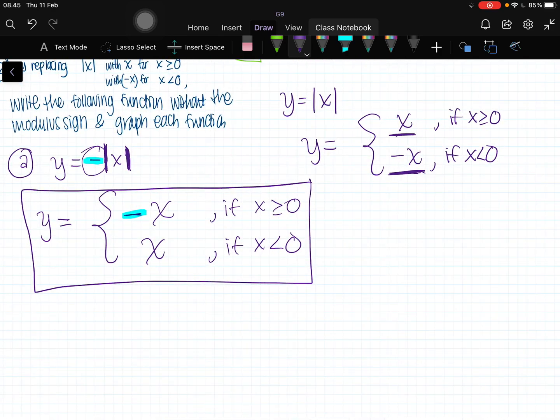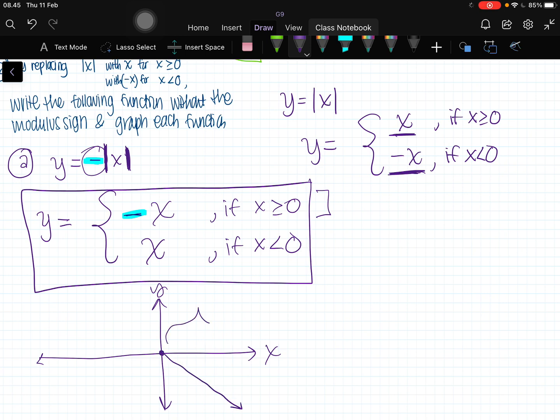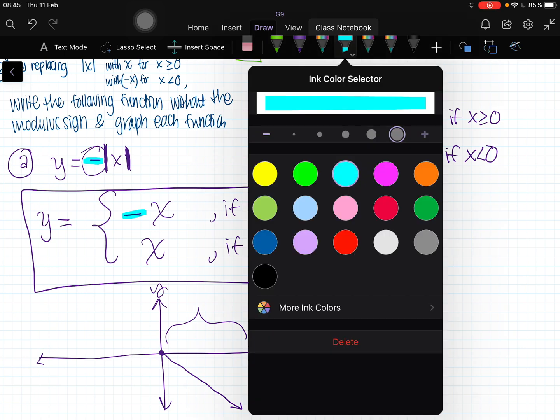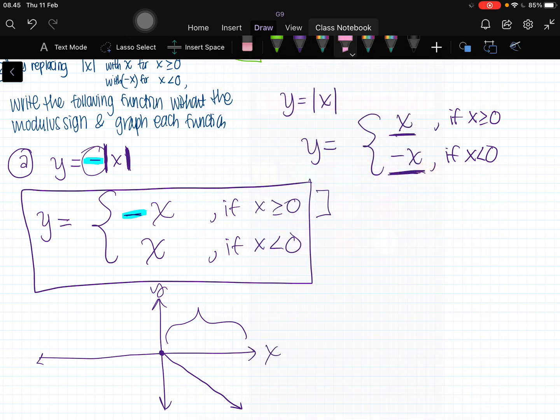So how to check it again is to use the graph, right? So y, the first part here, it says if x is 0 or a positive number, the line would look like negative x there, so it would look like this. So this part here is this.